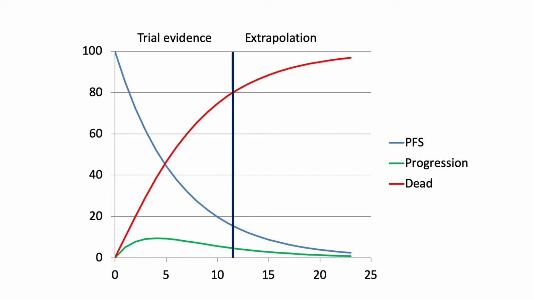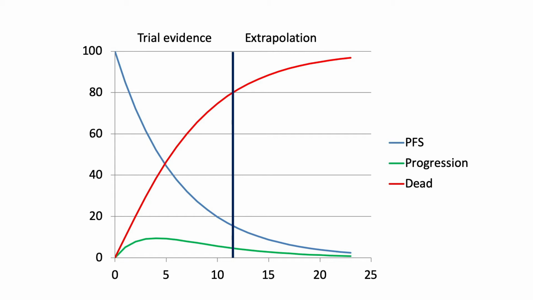But as I mentioned earlier, there's an issue of time horizon bias if we truncated the analysis at 12 months, because there'll still be a proportion of people who would receive treatments beyond 12 months, and people beyond 12 months will still accrue costs and QALYs. So we can't ignore those.